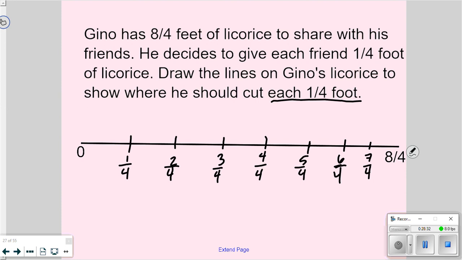He had 8. How did you know he had 8? It doesn't tell me in the problem he has 8 friends. How did you know he had 8 friends? Oh, he gives each friend 1/4. Okay, that still doesn't tell me he has 8 friends.